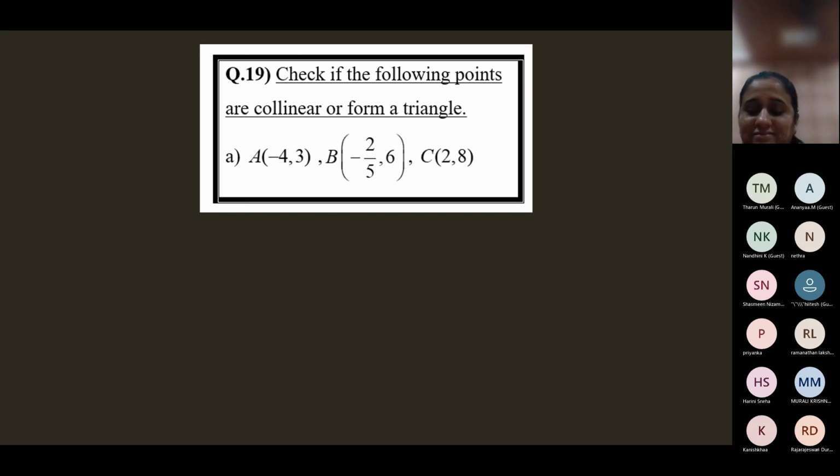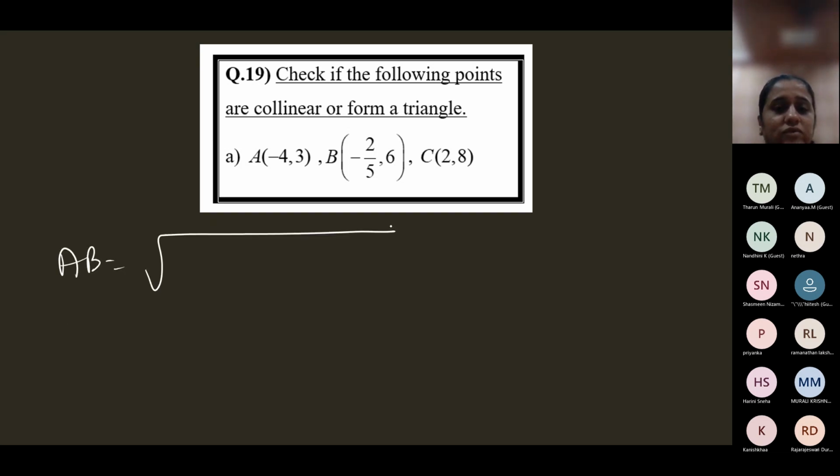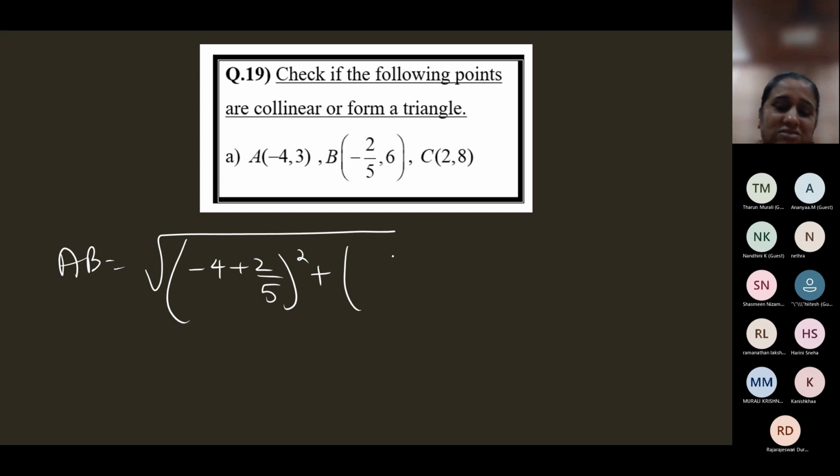Any problem? AB is equal to the square root of the difference between the x coordinates, so -4 plus 2 by 5, the whole square, plus the difference between the y coordinates, 6 minus 3, the whole square.